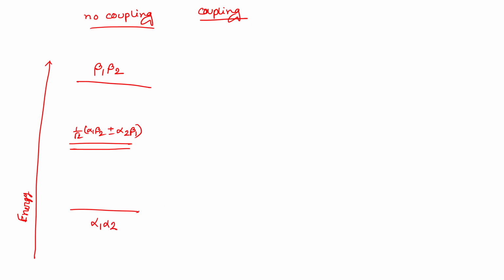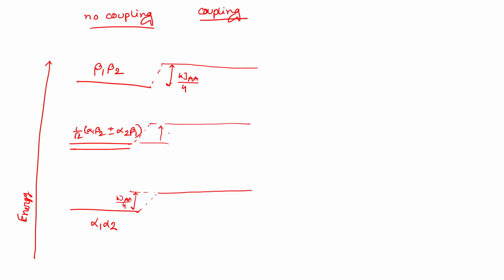Now what happened, this has destabilized by JA by 4. Same for this. Similarly, this third one is also getting destabilized by JA by 4. But this third one is actually stabilized.